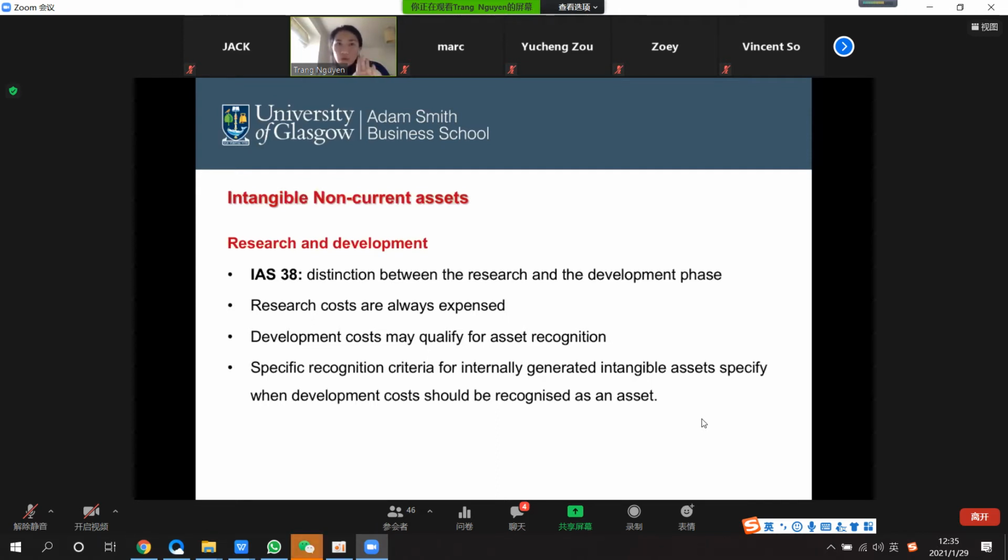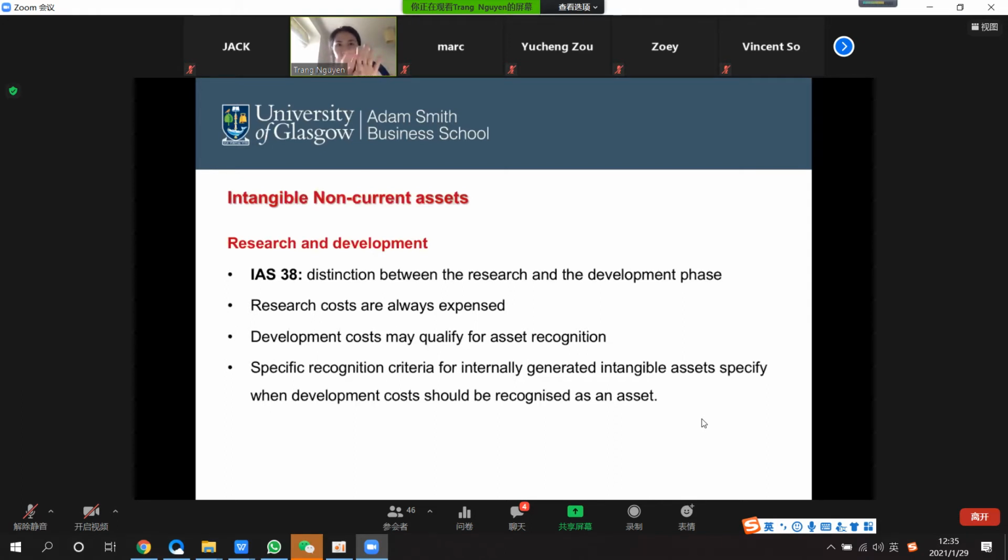So therefore, the total cost of research and development, if we record expenses, will include both research and development. If at the development stage they say it's not successful, then it's still everything in the R&D, in the research stage, so all need to be recorded as expenses.